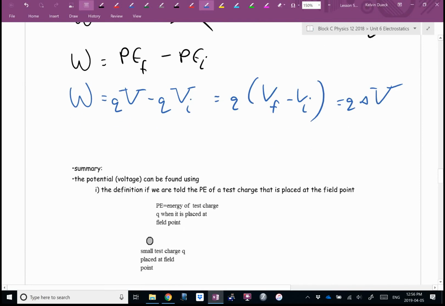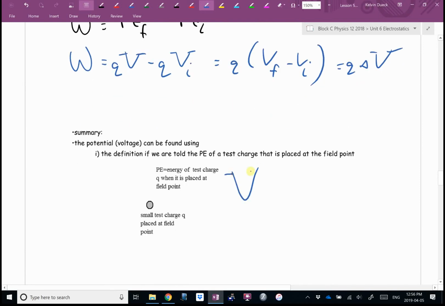That's voltage. So let's summarize. We can find voltage by finding the potential energy that a test charge possesses and dividing. That's joules per coulomb. How will I know to use that method? I don't know the big planetary charge that's causing the voltage. And they didn't give me a field location in meters.